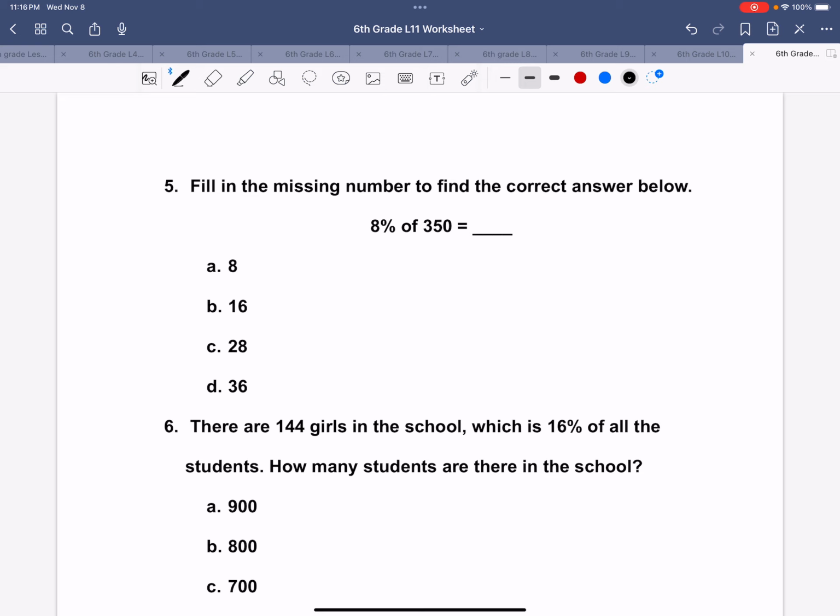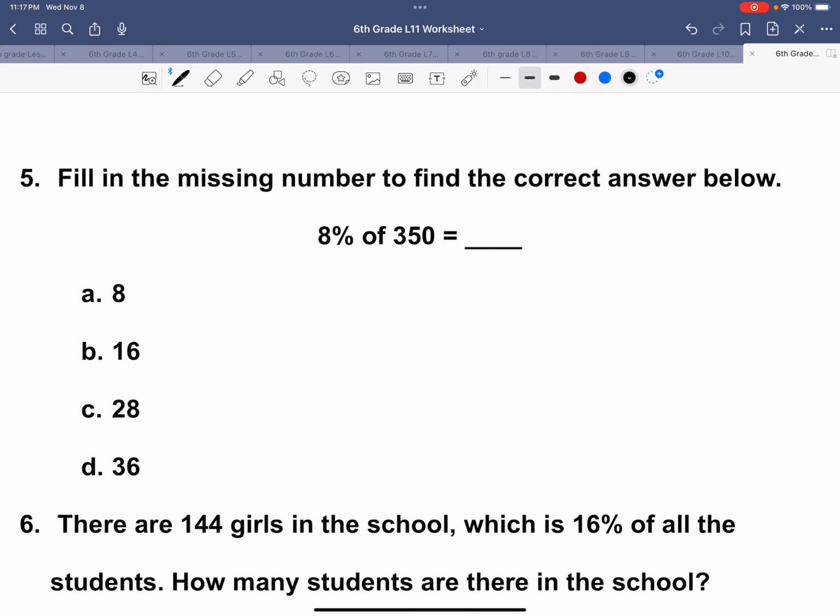So, number 5. Fill in the missing number to find the correct answer below. 8% of 350 equals... Okay, so to find this, we will turn 8% into decimal form, which is 0.08. And now we just have to multiply 350 by this number.